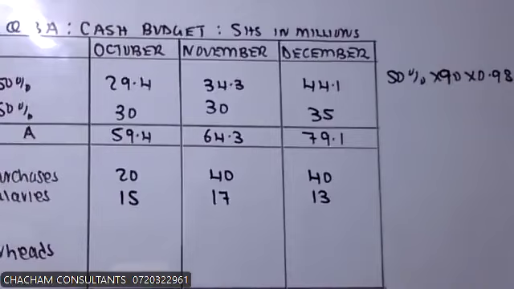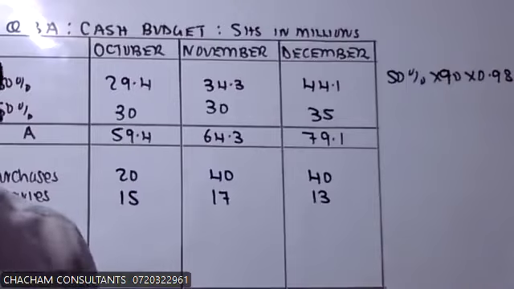Next is rent. Rent for each quarter is paid in March, June, September, and December. So a quarter of a year has how many months? Yeah, 3.